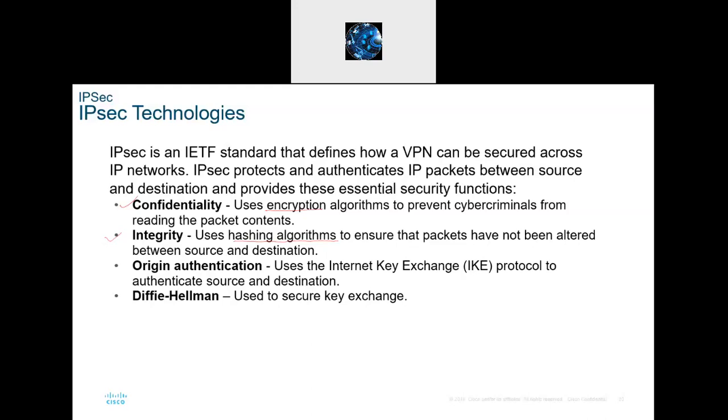So IPsec uses a hashing algorithm to make sure that our packet is not altered between the source and destination. It's not that I'm sending $1 million to Mark and somebody has cut off the packet and changed the destination and it is going to another person. Because of this hashing algorithm, it's not going to work.